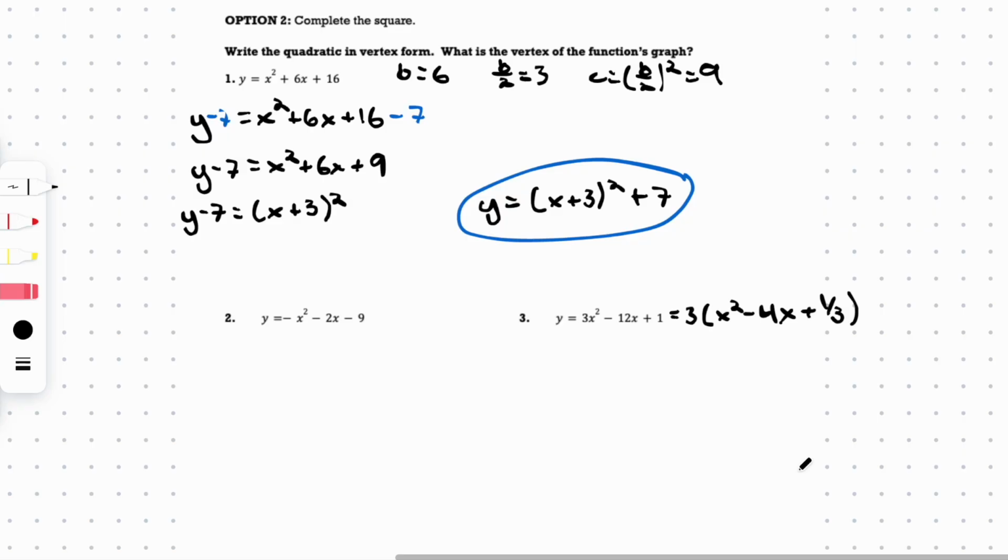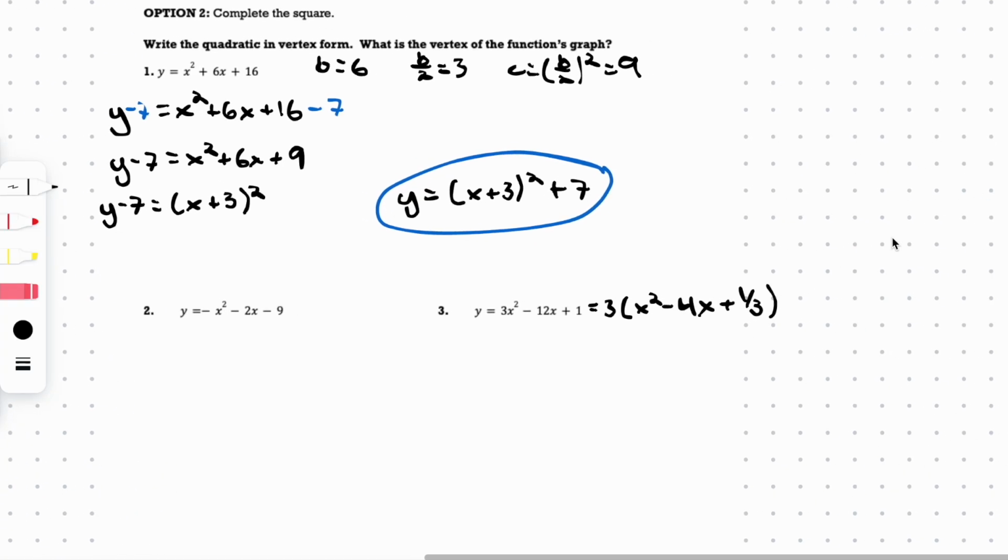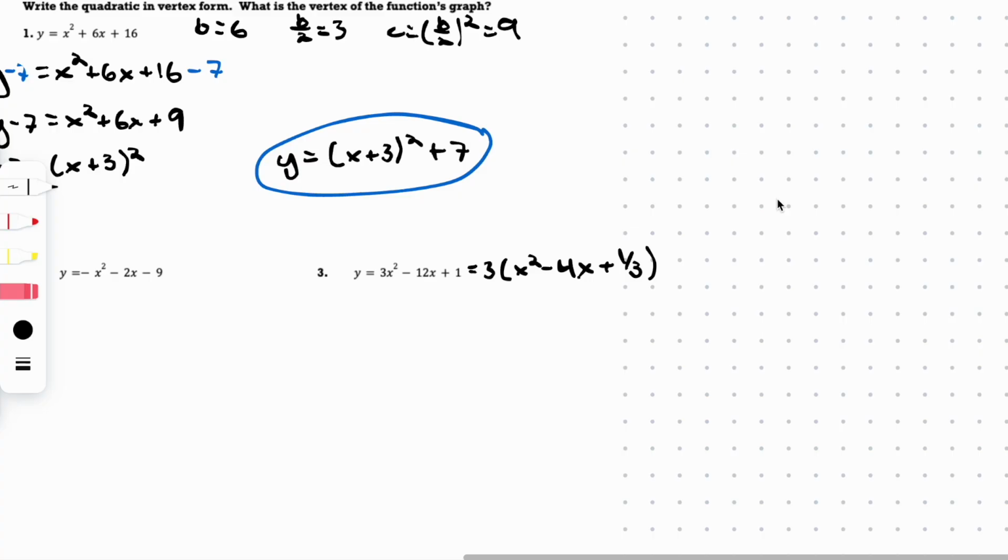Okay, so in this case, we first want to think about what our b value is within the parentheses. I'm going to write this off to the side. Our b value is negative 4, so our b over 2 is equal to negative 2. Now our c value, as I said before, is b over 2 squared, so that's negative 2 squared, which is positive 4.